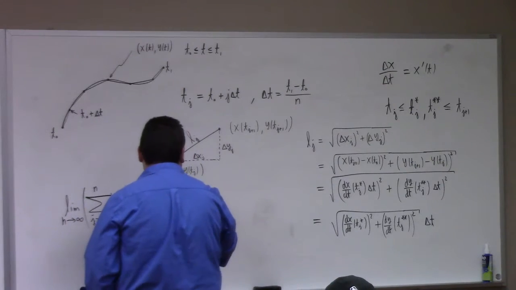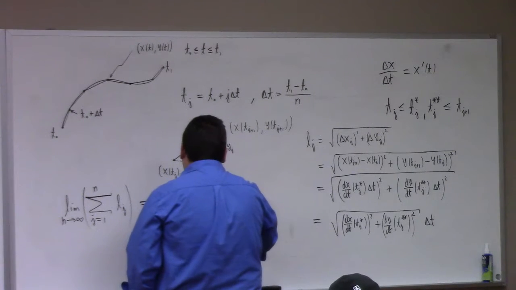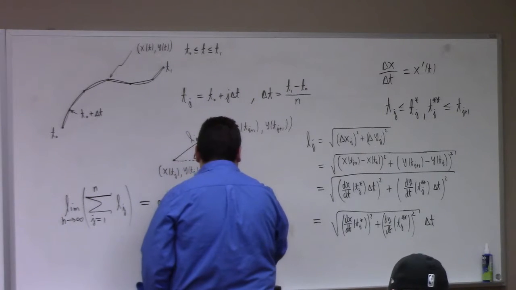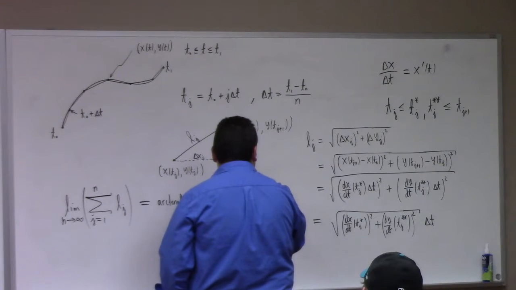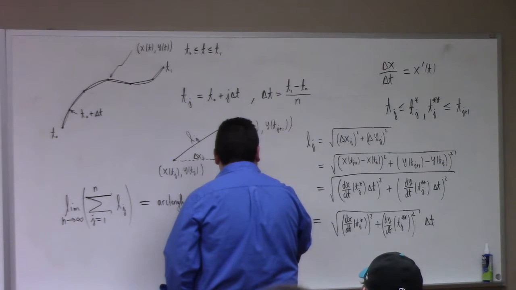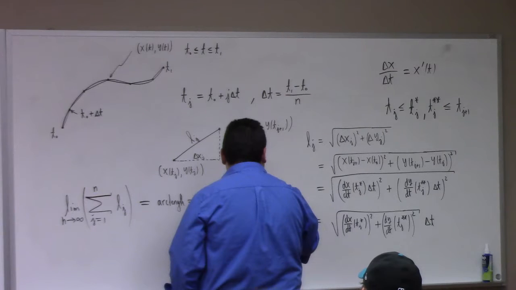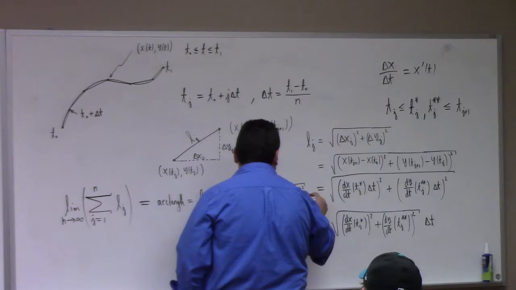But that's also equal to the limit as n goes to infinity of the sum, j equals 1 to n, of the square root of dx/dt at t sub j star, quantity squared, plus dy/dt at t sub j star star, quantity squared, delta t.